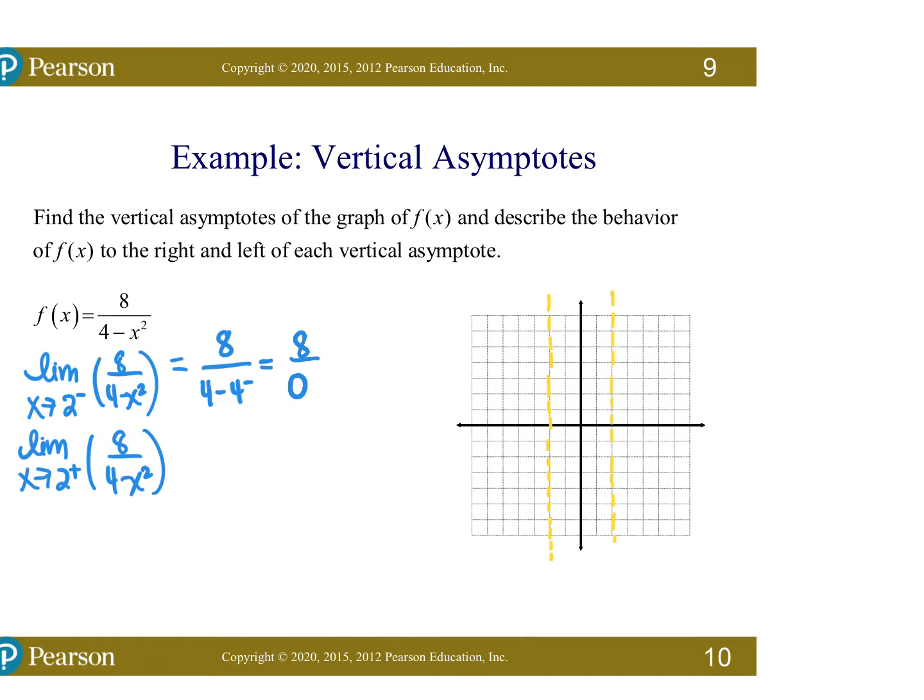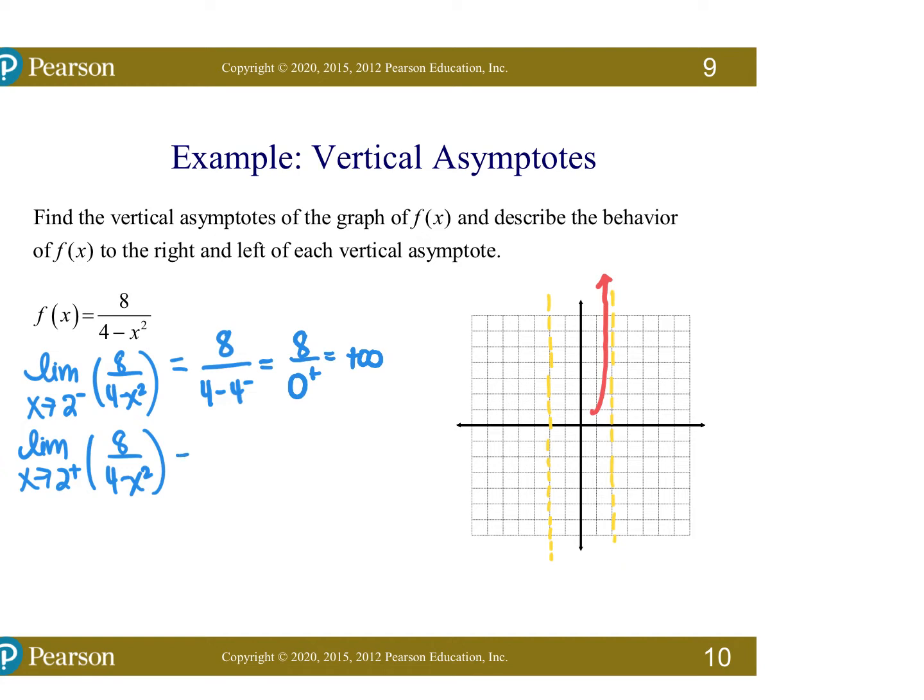Which one's bigger, 4 or 4 minus? 4 is bigger than 4 minus, because 4 minus is a little bit less than 4. And so I end up on 0 plus, which means I'm on the positive side of infinity, but on the left side of the asymptote. Okay, does that make sense? We're on the left side of the asymptote, but I'm heading towards positive infinity.